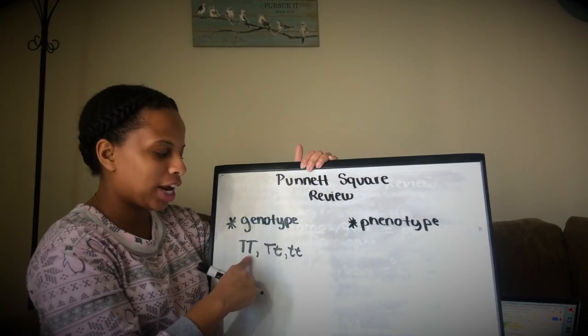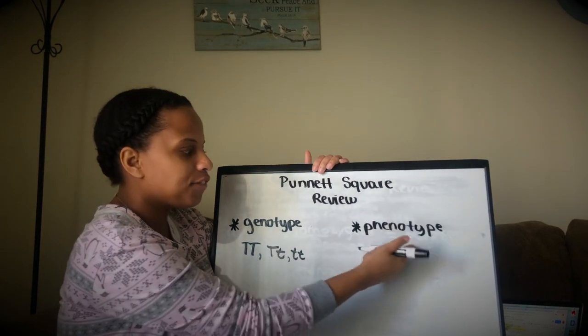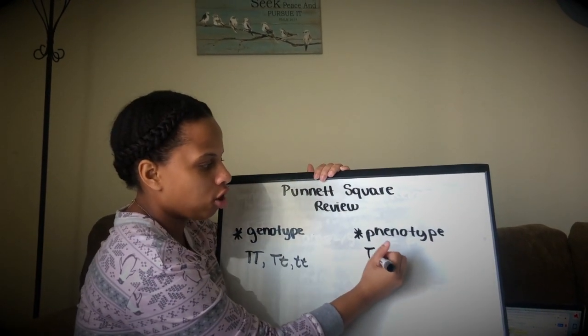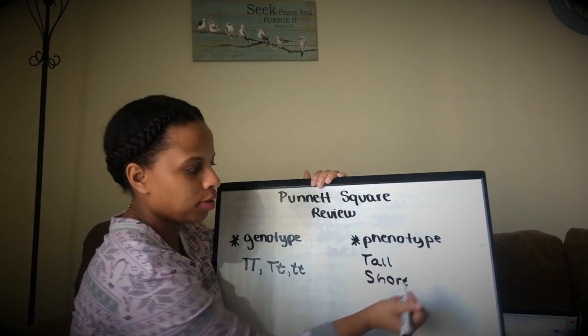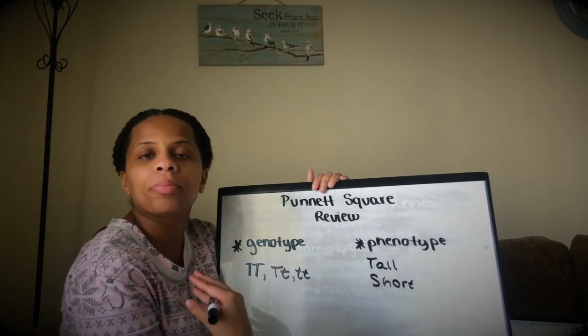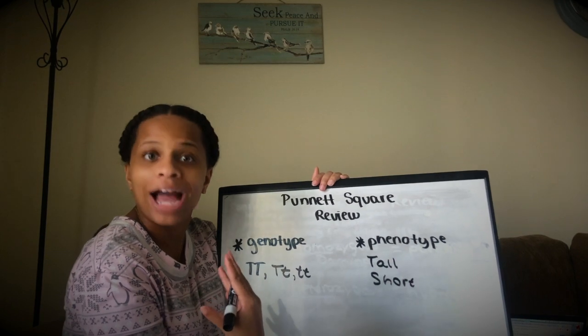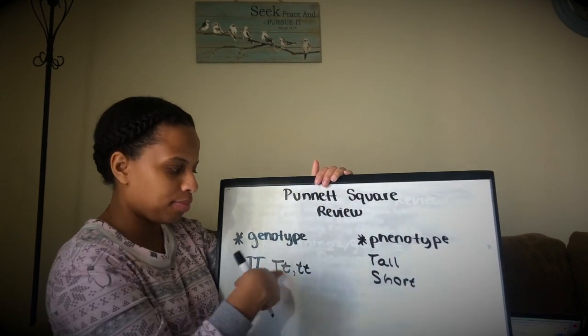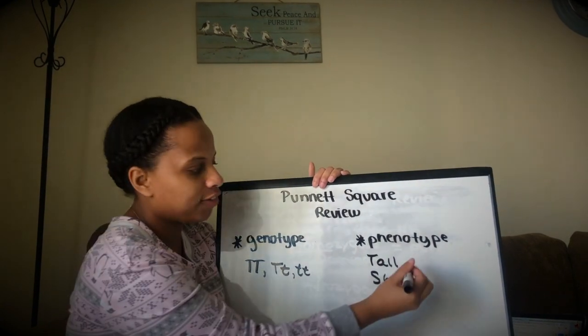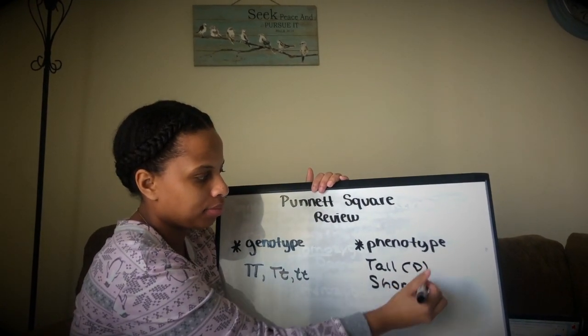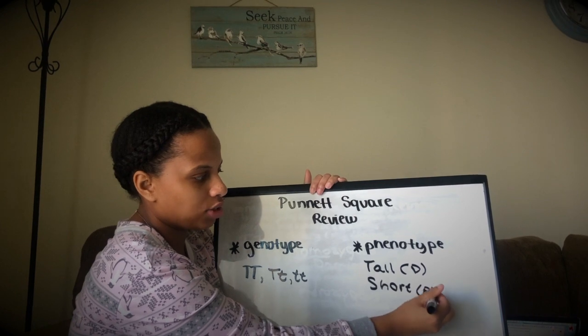So for these traits, T, we'll talk about tall. Phenotype, you can either be tall or you can be short, okay? Since we're talking about this and you know Miss Cousins is a little vertically challenged, okay? What genotype would I have to express the phenotype of short, if tall is dominant and short is recessive?